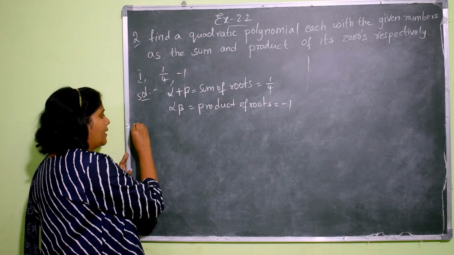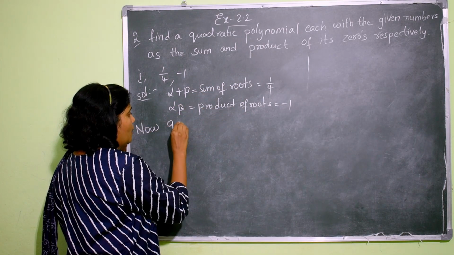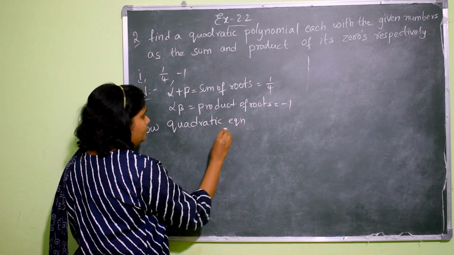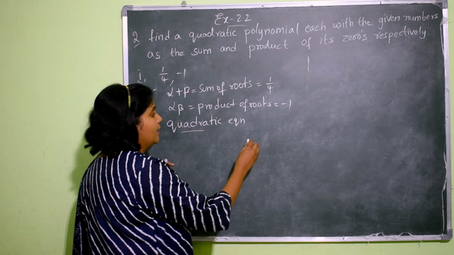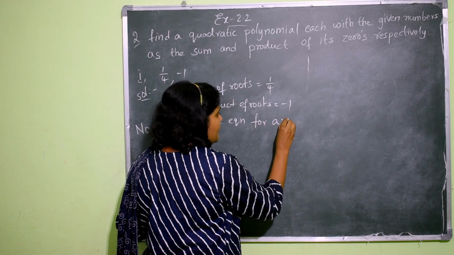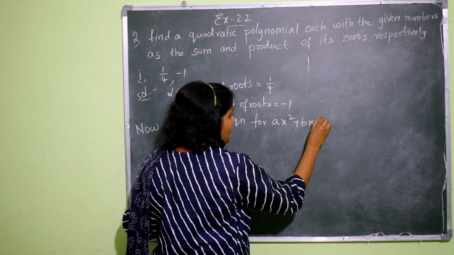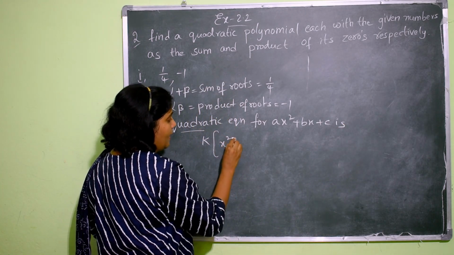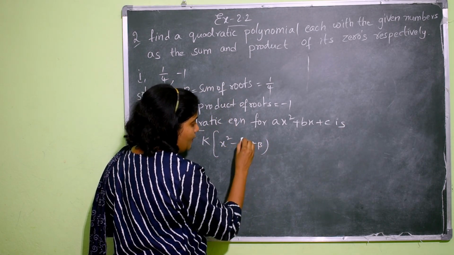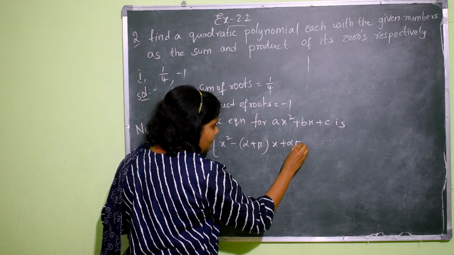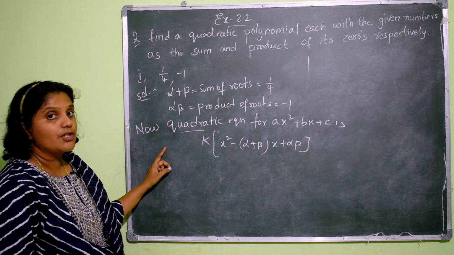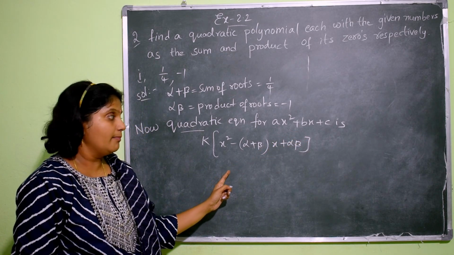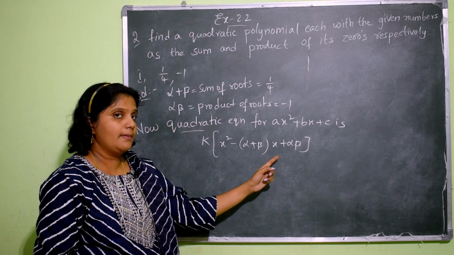Now what is the quadratic equation? The quadratic equation for ax square plus bx plus c is k into x square minus alpha plus beta into x plus alpha beta.